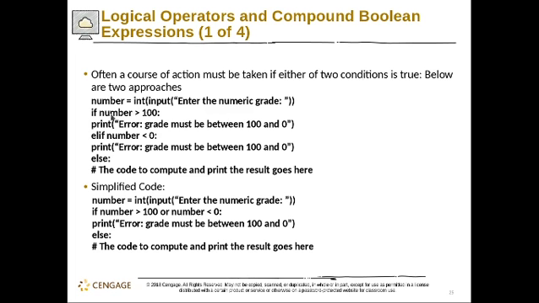So instead of having this longish code, the two conditions of the if can be inputted in a single statement: number greater than 100 or number less than 0. So you have the OR.